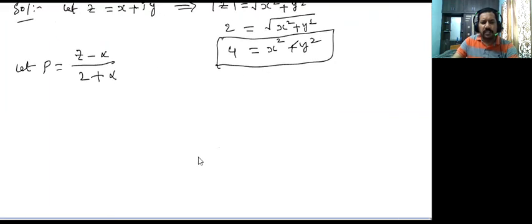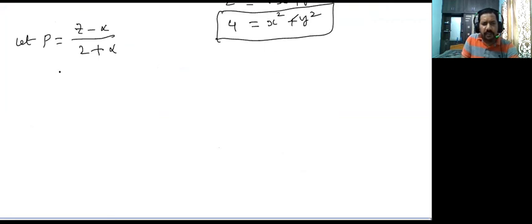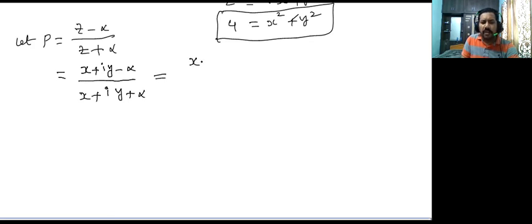So in place of z, substitute that x plus iy minus alpha divided by, this is also z, x plus iy plus alpha. Now see here, I am going to write real part x minus alpha plus i into y, and denominator take real part x plus alpha plus i into imaginary part.